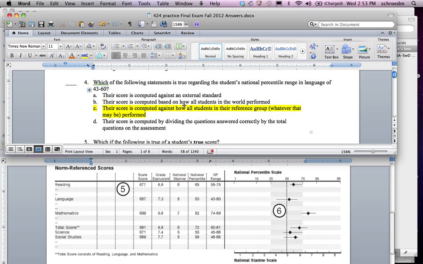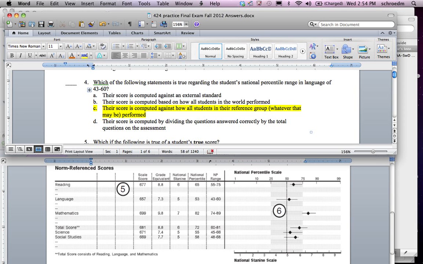Question 4. Which of the following statements is true regarding the student's national percentile range in language of 43 to 40? Again, these ranges represent this error bar here. The diamond is where their score puts them in terms of the national percentile rank, and the bar represents the range where we are pretty sure that their true ability lies.